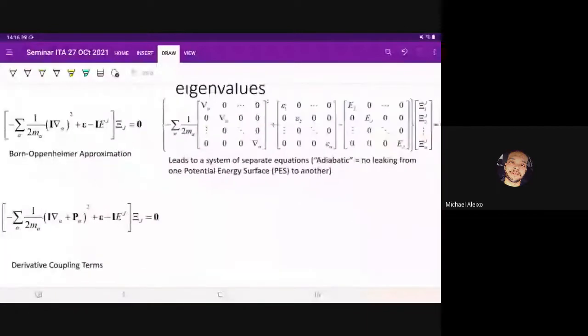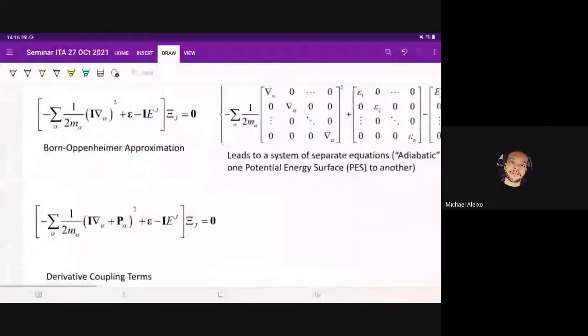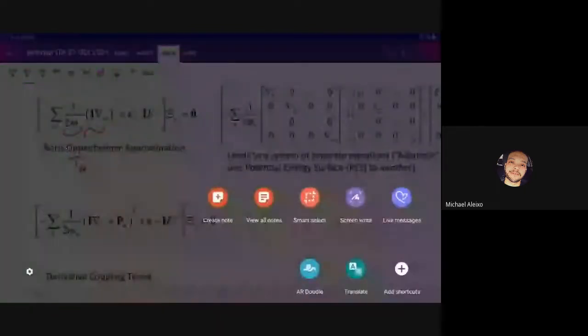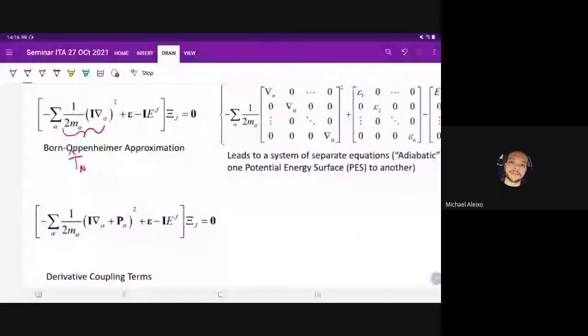Notice what has happened here: once again, we have the kinetic energy operator here, and we've added to it this extra piece, this P matrix. That P matrix is going to have our derivative coupling terms in it.